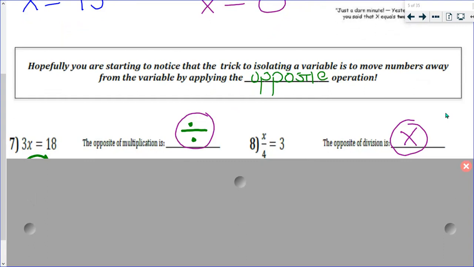X over 4, x divided by 4. That's another way we can say it. It's represented as a fraction, but fractions are always represented as ratios where there's the division context. So the opposite operation of multiplication is division. The opposite operation of division is multiplication. I want you to take some time to write that down.